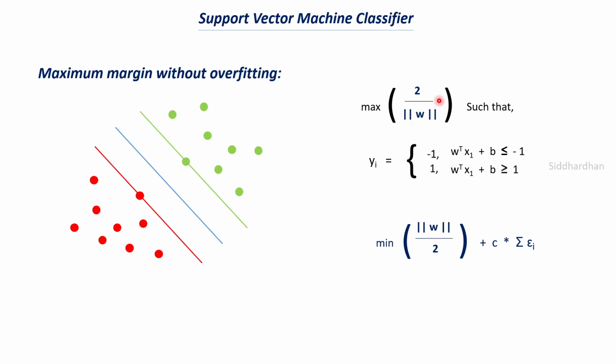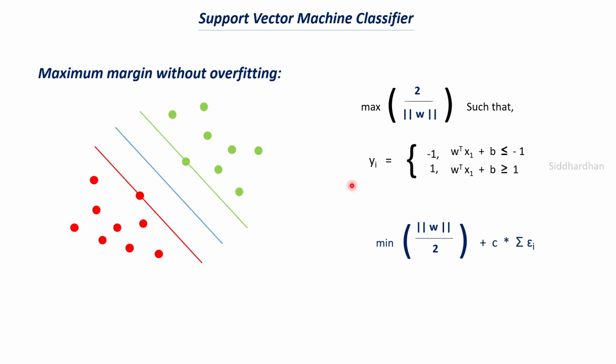I'm just taking the reciprocal of this part. We say that we want to minimize this value because it's not easy to maximize some value when we are training a machine learning model. If you remember, in our previous logistic regression and linear regression models, we tried to minimize our loss function value, right?